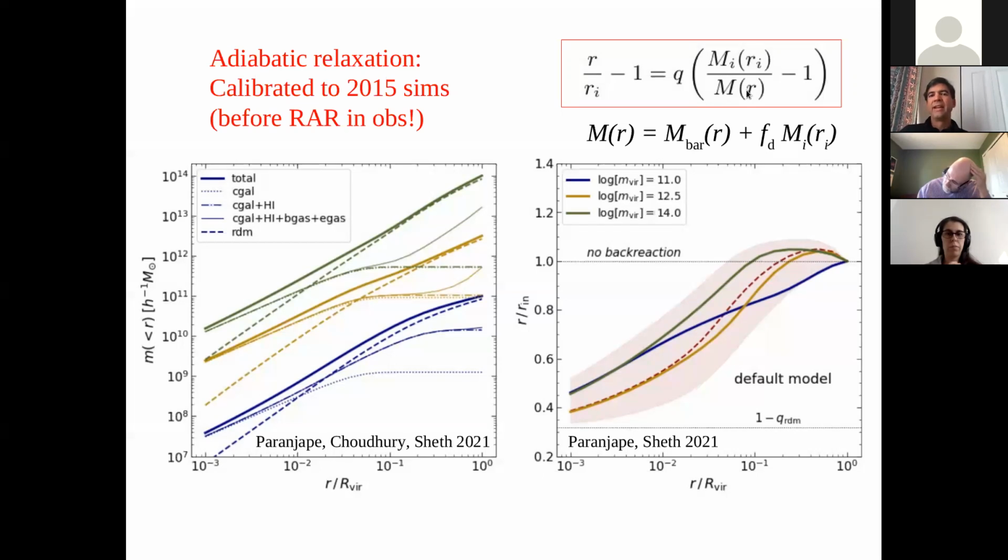If Q were equal to 1, I wouldn't have to write the minus ones on either side, and this would be saying that R final times M final is R initial times M initial, and that's exact conservation of angular momentum. MVR is constant. So this parameter Q is just telling you how much things are not conserved. Q equals 1 is perfect conservation, Q equals 0 is total violation.